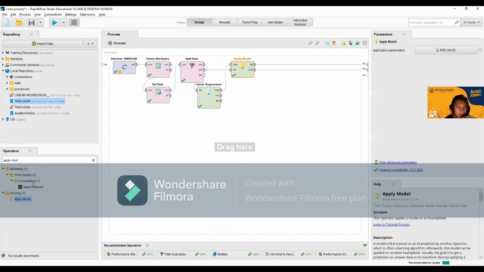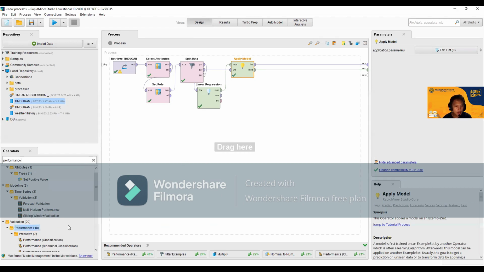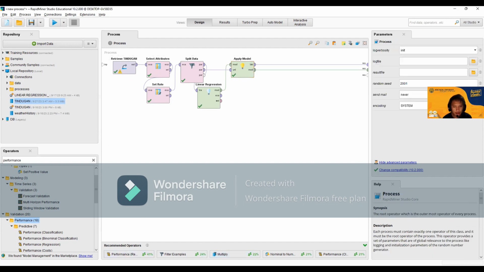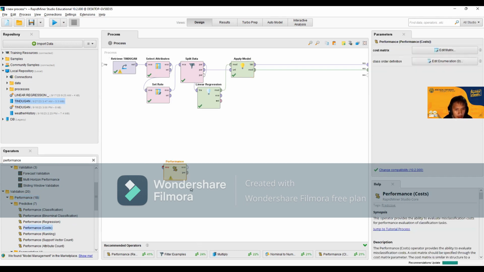For the next operator that we use, we need to use Performance.